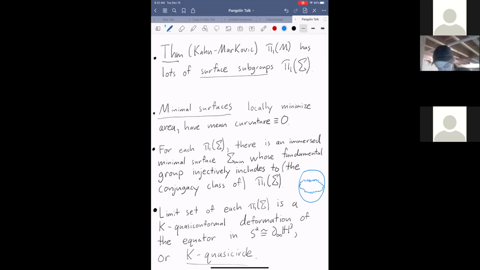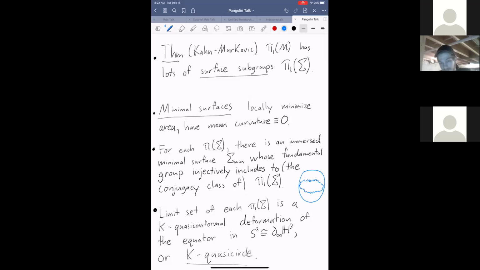Cool. So basically, we have these surface subgroups, and we take surfaces that realize them. We lift these to the universal cover, and they have these limit sets in the boundary at infinity. This squiggly curve I drew is bounding the surface that we lifted.